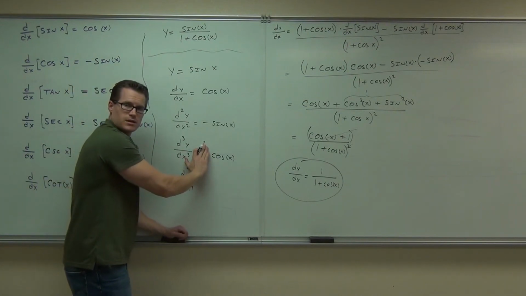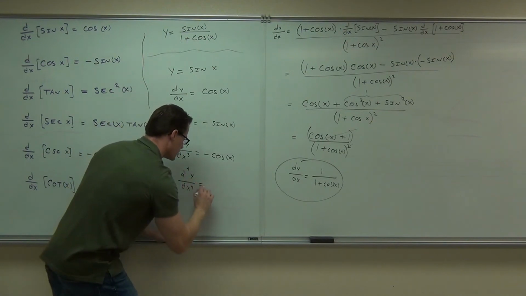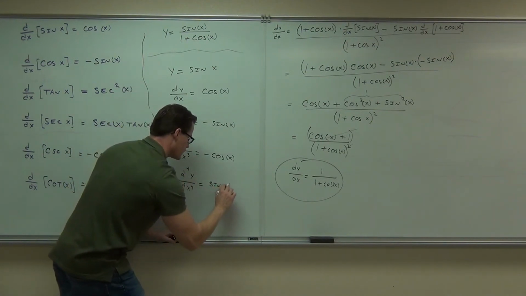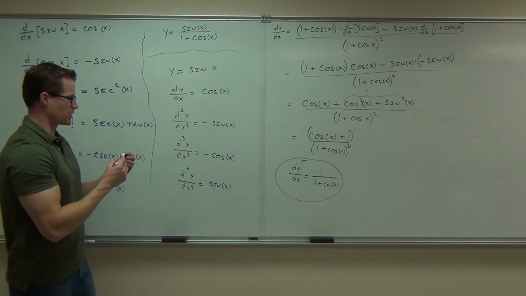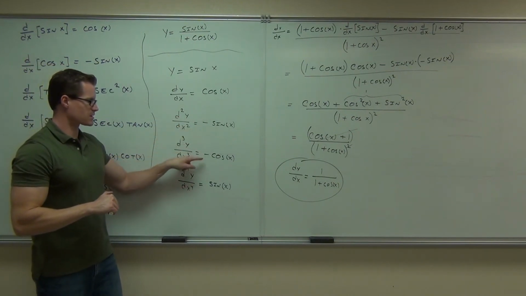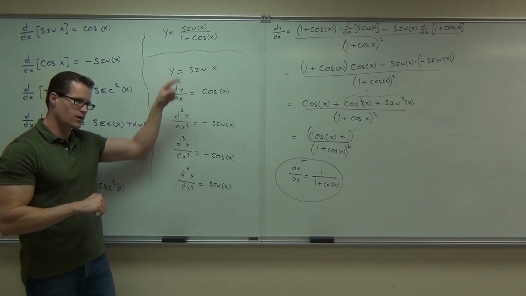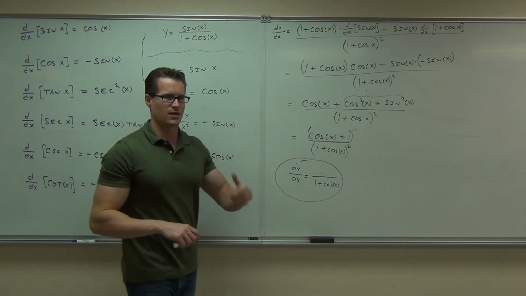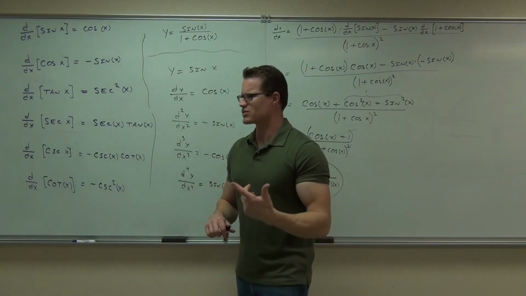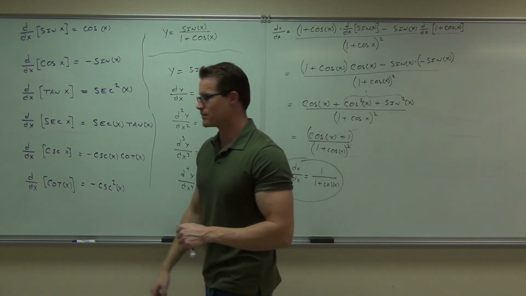Derivative of cosine is negative sine. Negative times a negative gives you a positive sine. That's interesting. How about the fifth derivative? Sixth derivative, 7, 8, and back and forth. Oh, it's cyclical. So when we take the derivatives of sine like that, it's kind of interesting. Unless we have a quotient rule, it is cyclical eventually.